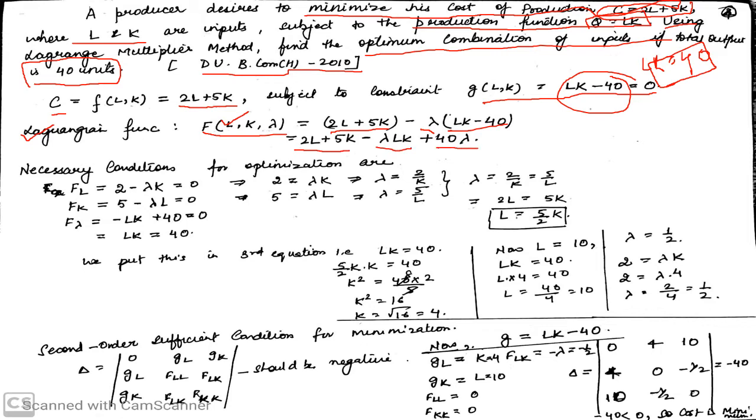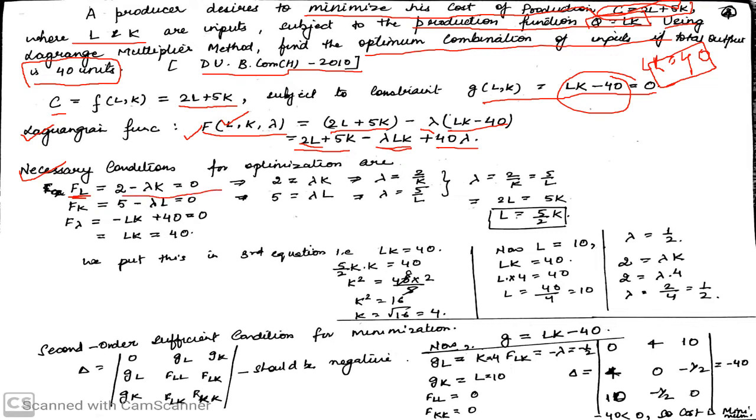We got this. We come to the necessary conditions for optimization. We get the partial derivatives. FL with respect to labor: we have to differentiate the new function, so this will be 2 and minus lambda K. We put this equal to 0 as you all know.